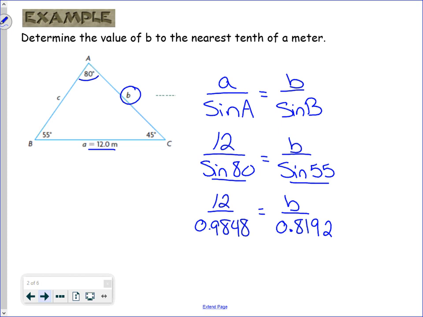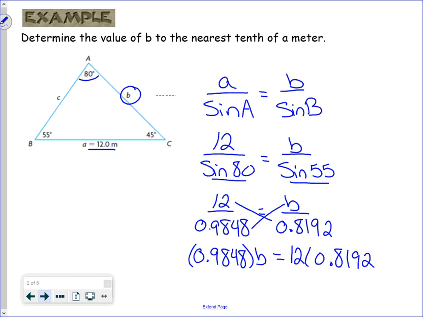So now what we want to do is to cross multiply. So the denominator of the first ratio gets multiplied with the numerator of the second ratio. So we'll have 0.9848 times b, and this is going to equal 12 times 0.8192.